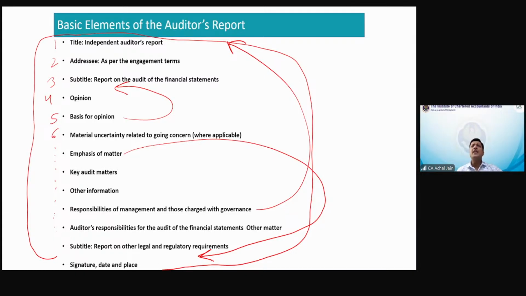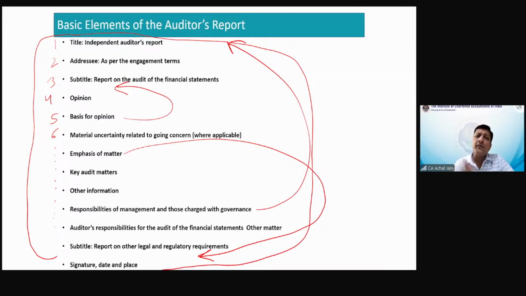But I think you will get a better clarity around the elements of this audit report, around the requirements of all of these sections of the audit report, once you look at one actual audit report.